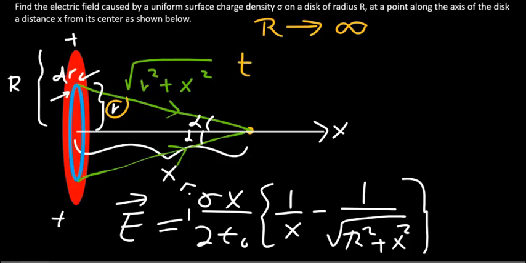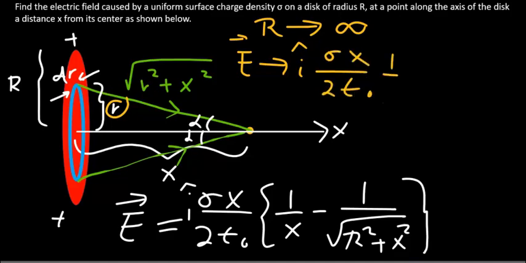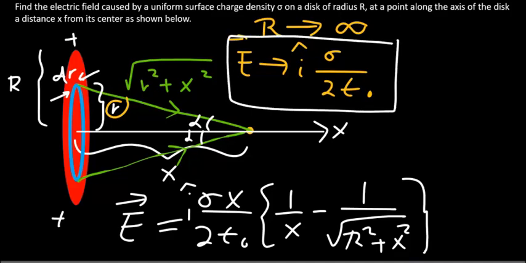So under that approximation, the electric field would tend to sigma x over 2 epsilon naught times 1 over x. This x will cancel that x, and that's going to give you this expression when R becomes very large.